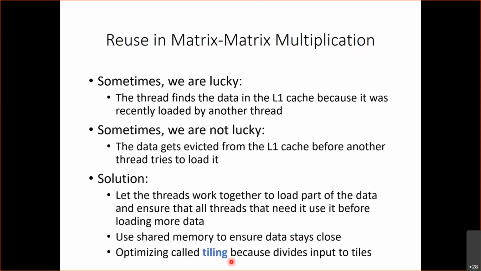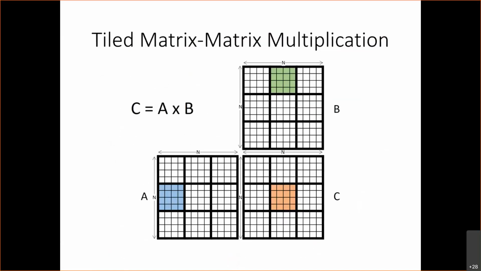So let me show you what tiling for matrix multiplication looks like. Here, I have this matrix that I divide into tiles, and I assign a thread block for each tile. So the thread block that's assigned to this center tile over here has a thread processing each of these output elements. What I can do is divide my input matrices into tiles as well.